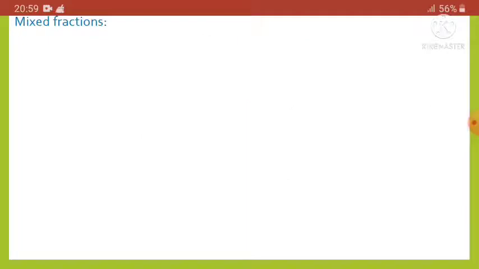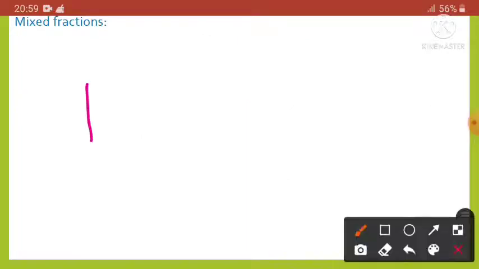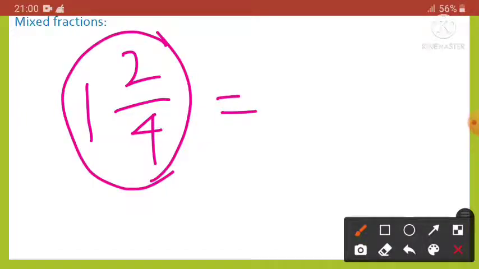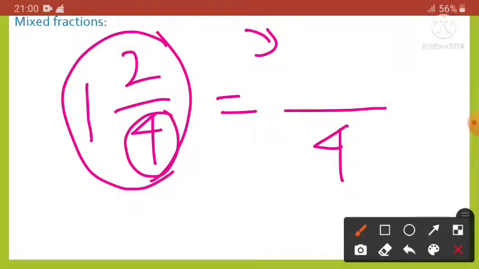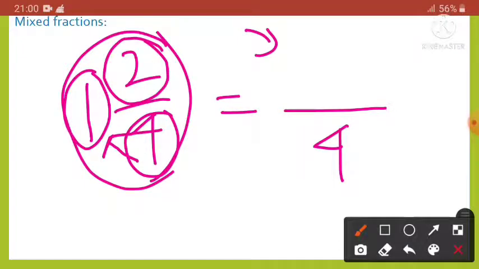Okay, if we want to do it again, here if you want to convert this mixed fraction into an improper fraction, at first we write the denominator the same here also, and then we multiply the denominator with the whole number. Here it is 4 into 1, that is 4, and then we add the numerator, 4 plus 2, that is 6.